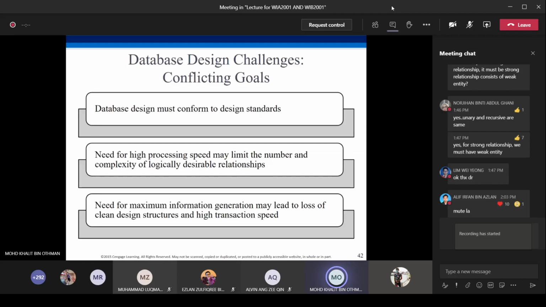Okay, overall we have three database design challenges, but if you Google from the internet, maybe you can find other challenges of database design.